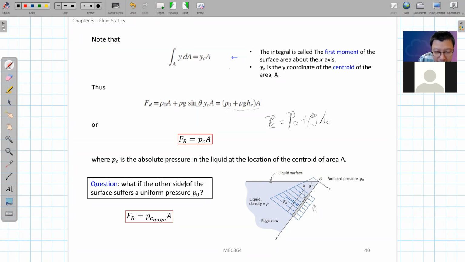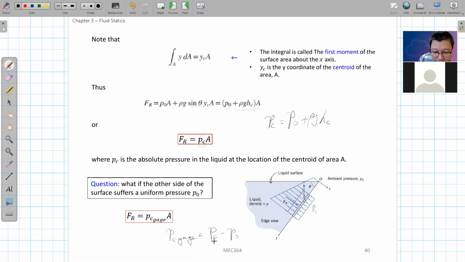In that case, you can replace this PC with P gauge, PC of gauge. What is this PC gauge? PC of gauge is equal to P of C minus P of 0. If you need to consider the atmospheric pressure at the right hand side, you need to change this PC to the gauge pressure, because the right hand side also has a P0 pressure force, and you need to cancel it from the left hand side.